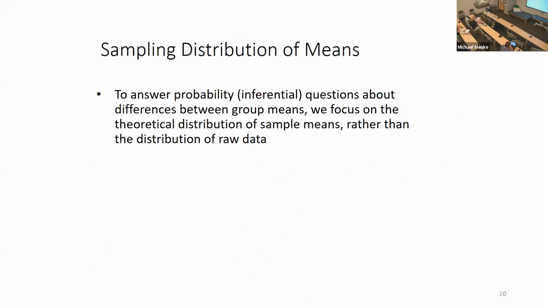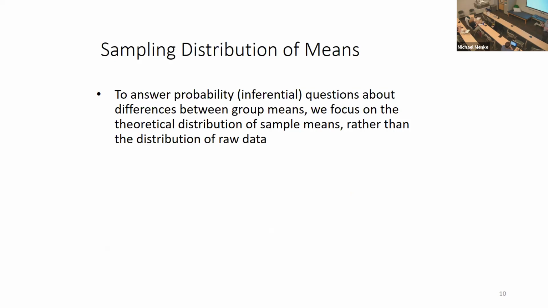So to answer these questions, and this is where a lot of people got lost in intro stats, where they didn't make the leap. What we need to do is now apply some assumptions to the data sets. So we focus on a theoretical distribution of sample means rather than looking at the raw data.